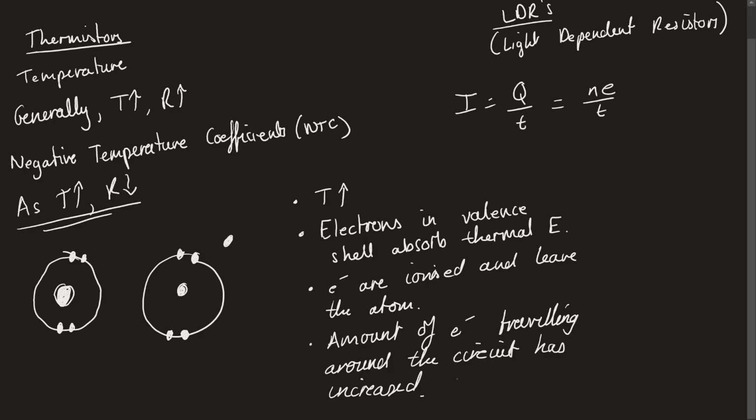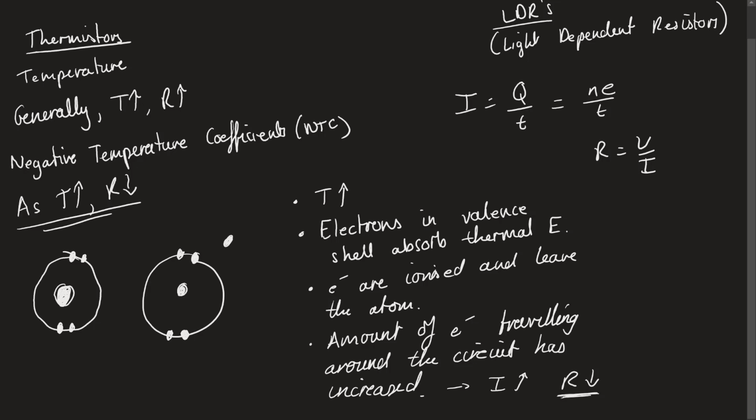So by increasing the amount of electrons that are traveling around the circuit, this leads to an increase in current. And we know from R equals V over I that they're inversely proportional. And so if I've increased the current, I've actually decreased the resistance. And so by increasing the temperature, I end up with an effect where I decrease the resistance of this thing.